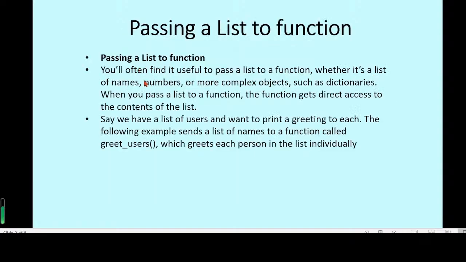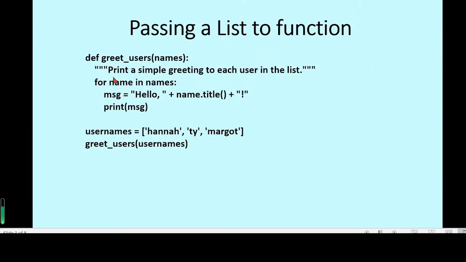Passing a list to a function. You will often find it useful to pass a list to a function, whether it is a list of names, numbers, or more complex objects, such as dictionaries. When you pass a list to a function, the function gets direct access to the contents of the list. So we have a list of users and want to print a greeting to each. The following example sends a list of names to a function called greetUsers, which greets each person in the list individually. So we define a function called greetUsers with a parameter called names, and names is a list.